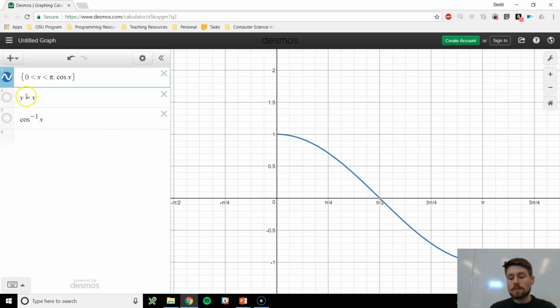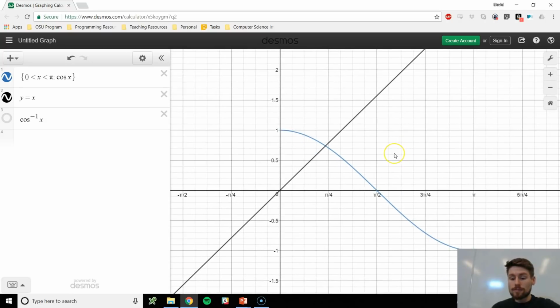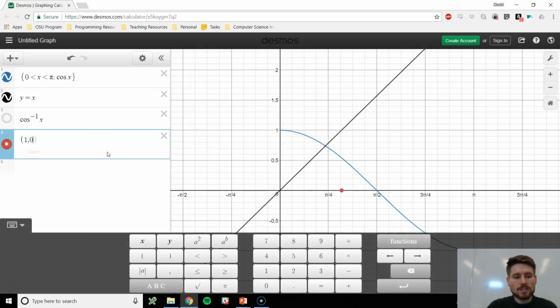Now, to get the graph of inverse cosine, remember, our handy-dandy way to find the graph of an inverse function is to draw the line y equals x and then reflect the graph across this line, which means pick a point and swap its x and y coordinates, and that will be on the inverse function's graph. So let's go ahead and do that for this point right here. So (0, 1), which is on the graph of cosine, is going to end up being (1, 0) on the graph of the inverse function.